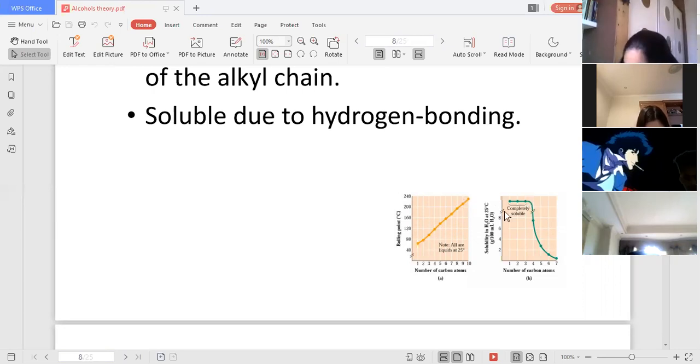And then this one is the solubility in water at 25 degrees Celsius per 100 milliliters of water. This one is completely soluble, and then as there are more carbon atoms, it decreases. I think the decrease is exponential.